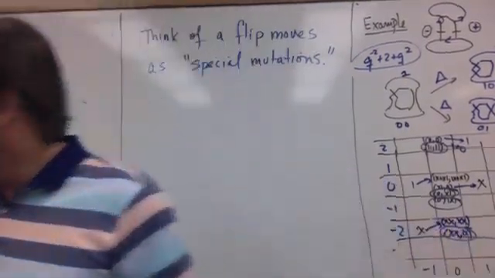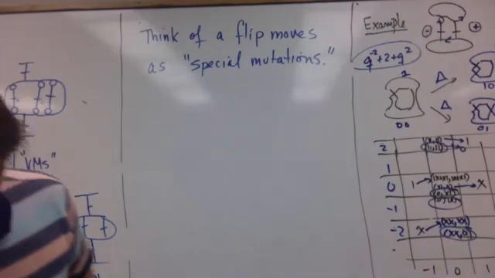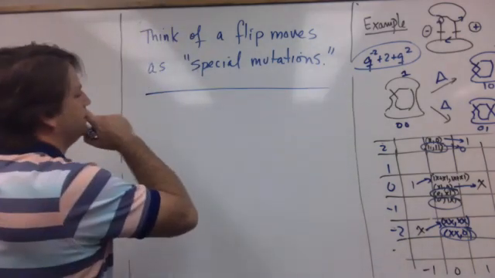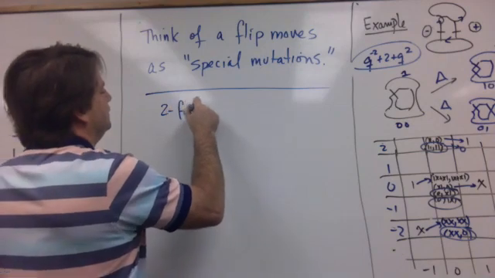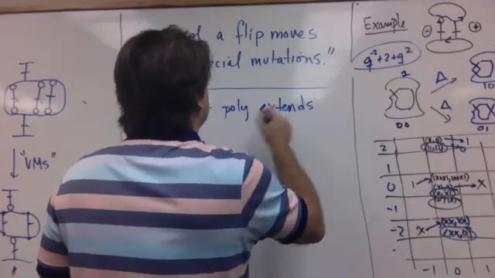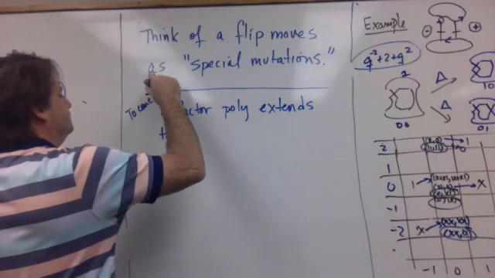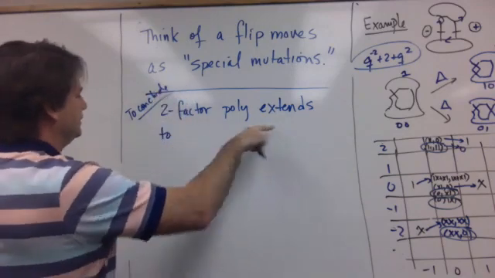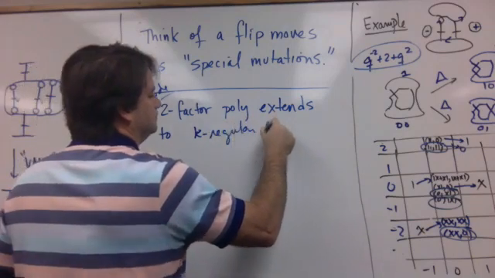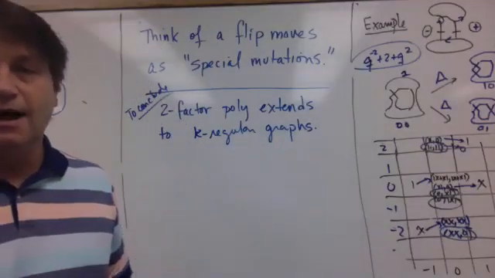But everything I've talked about today extends, so the two-factor, for example, extends to K-regular graphs, whereas the Jones polynomial definitely does not.